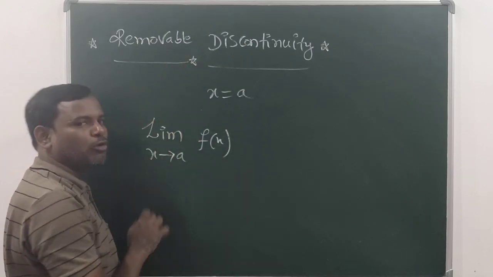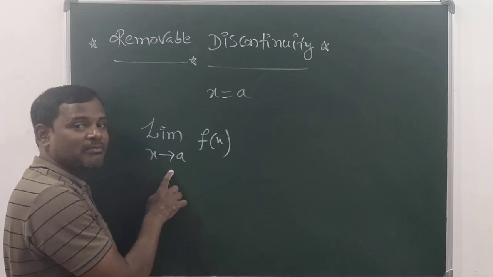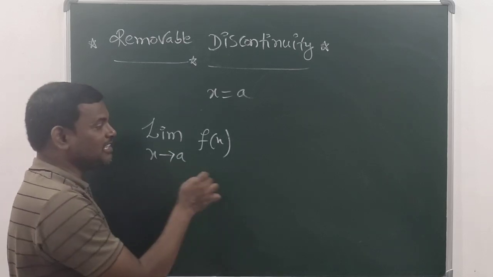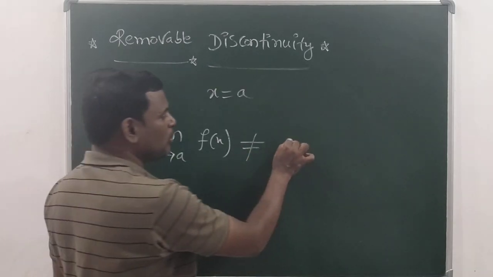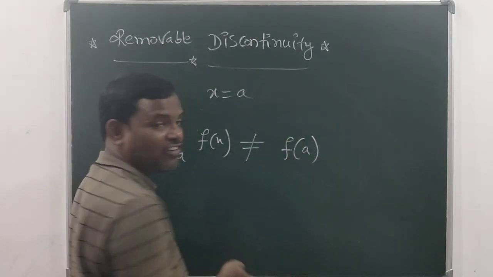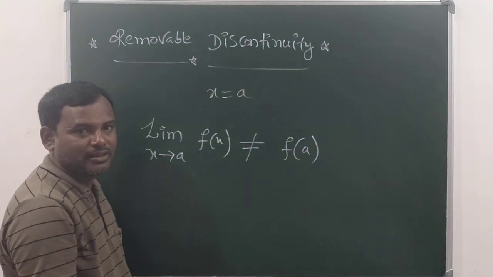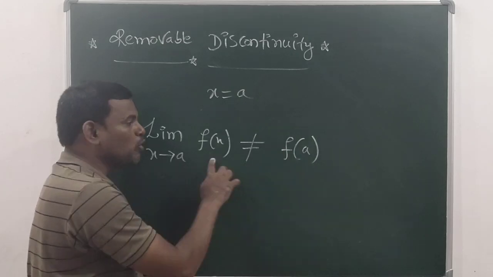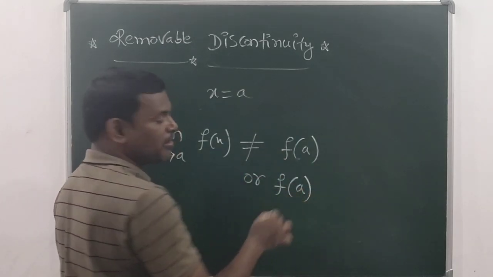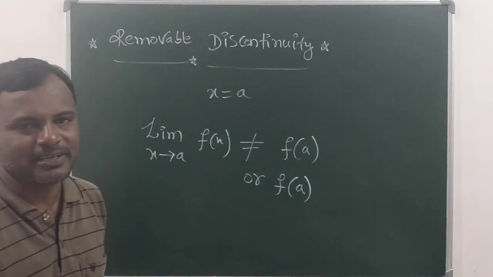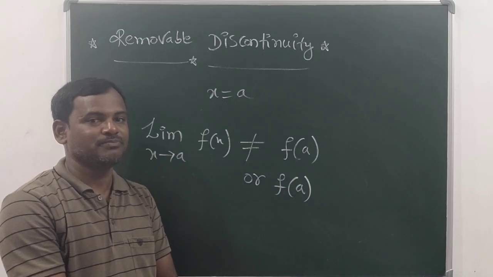Okay, in this removable discontinuity, limit of the function must exist, but that limit value must not be equal to f of a. F of a also may be defined or may not be defined, but if it is defined, both should not be equal, or f of a may not be defined. I hope you have understood.